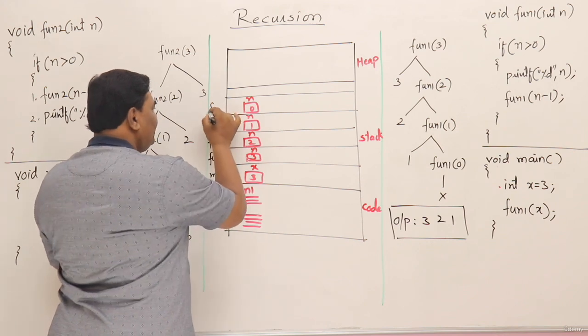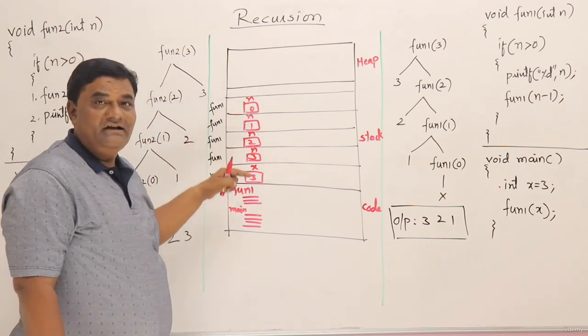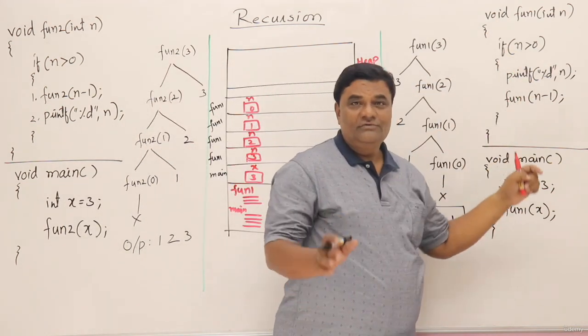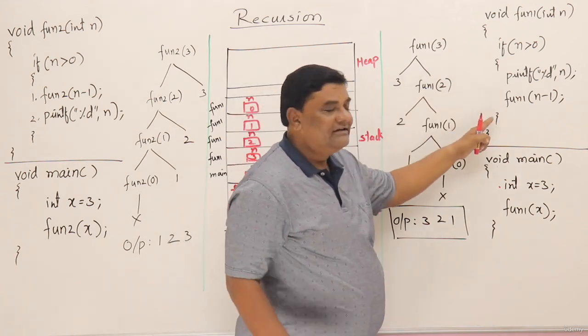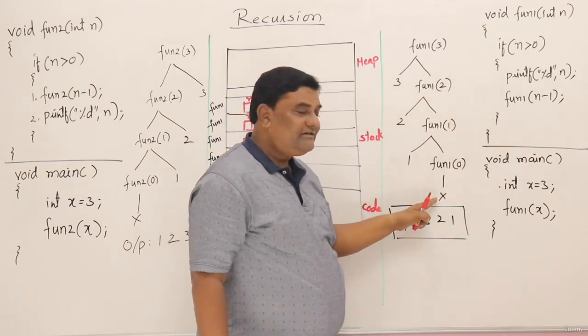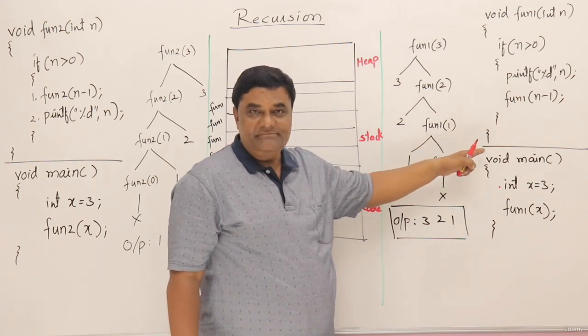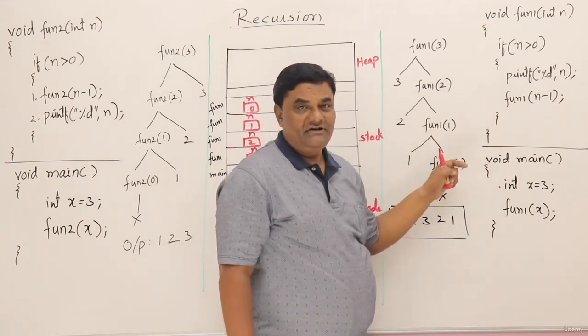This is a call again for fun1. This time, as n is 0, n is greater than 0, so no, it will not enter inside, it will not print anything. So it doesn't enter into conditional statement, so it will come out of the function.